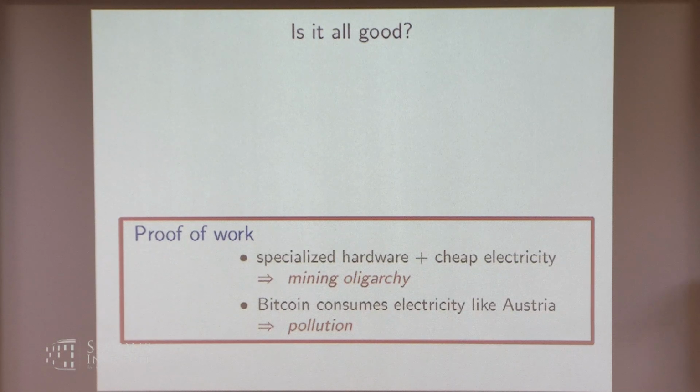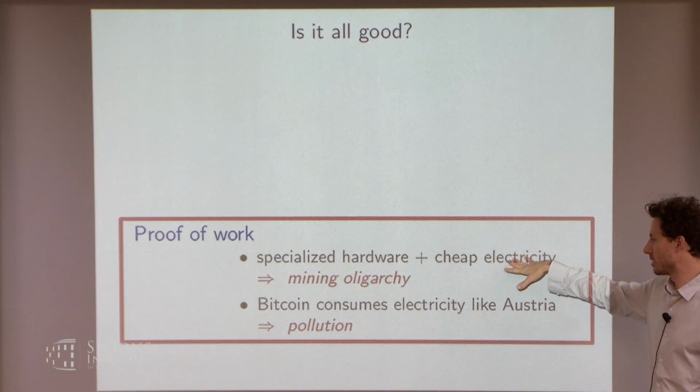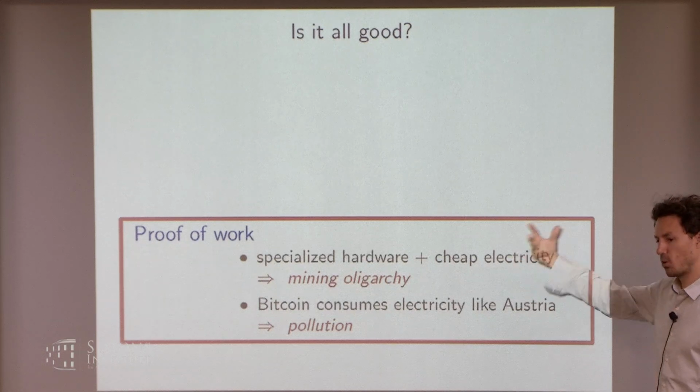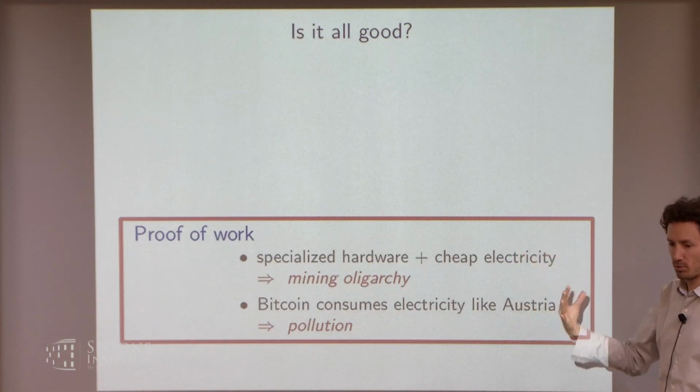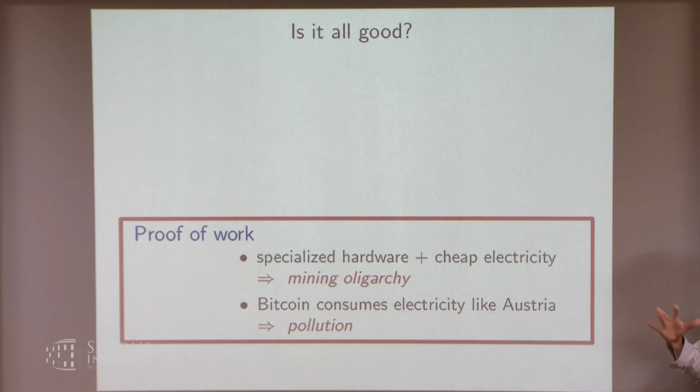There's one argument that it's actually good, because all these mining farms have invested so much money in mining hardware, which they can only use for mining, so they really care about not ruining Bitcoin and avoiding any collusion that would undermine trust in the system, because they have so much at stake in it. So it could also have a positive effect.